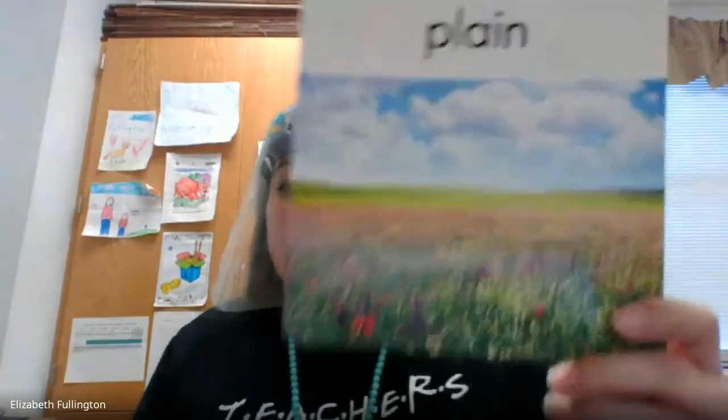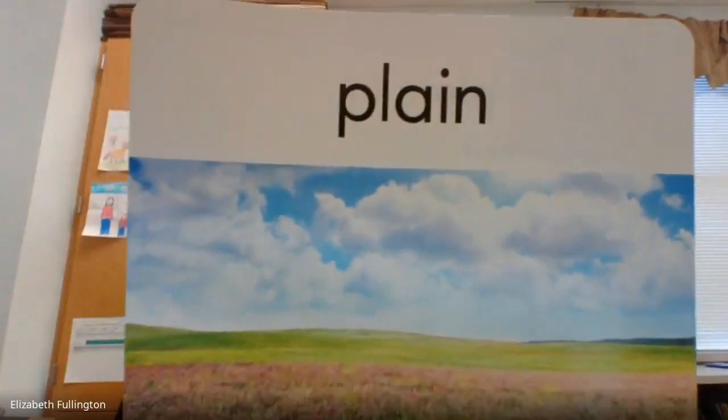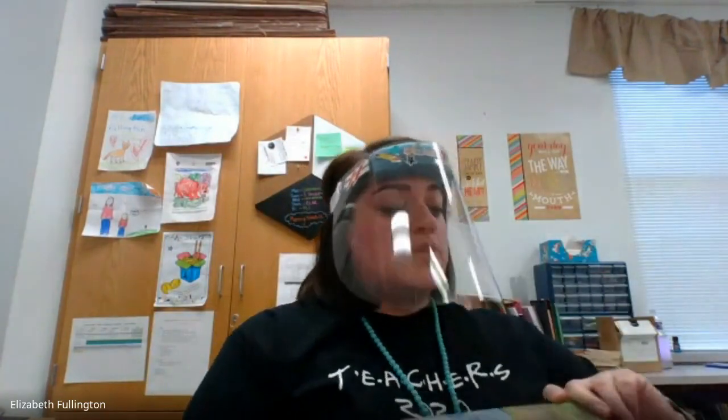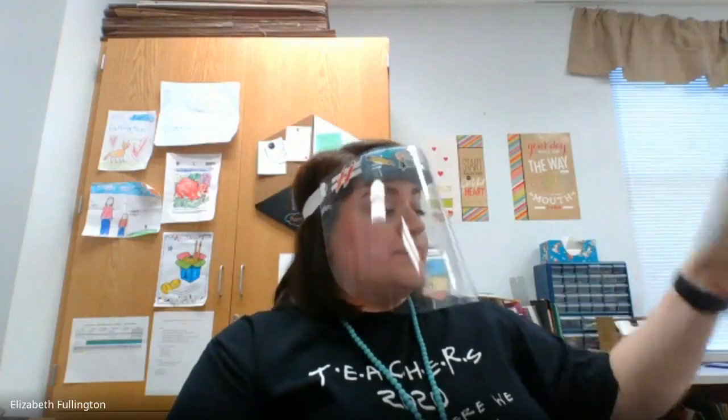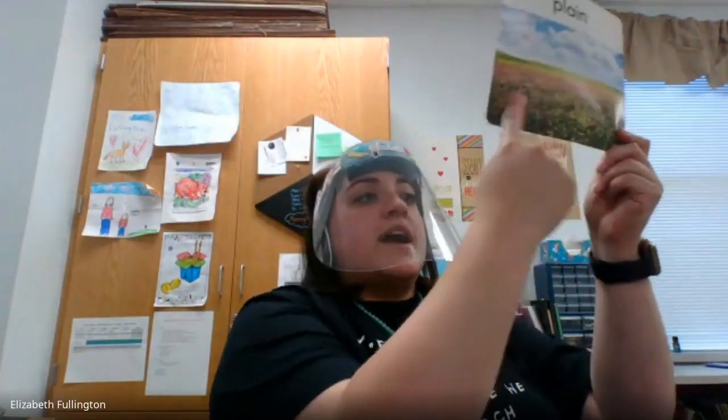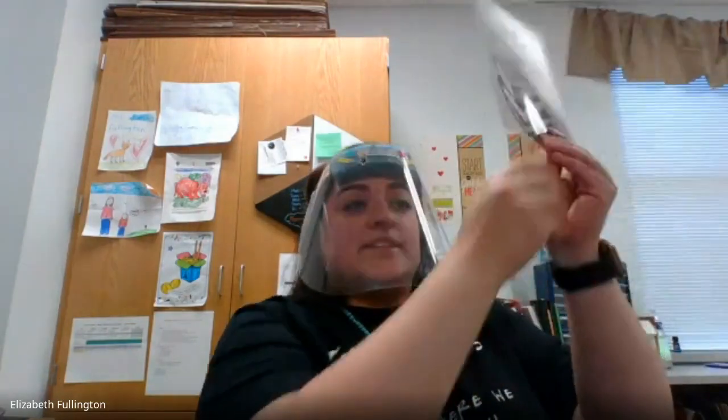There we go. All right, plane. A plain is a flat piece of land with few trees. So it's normally like a field with no trees. Not an airplane. This is a plane like the grass. It's a landform.